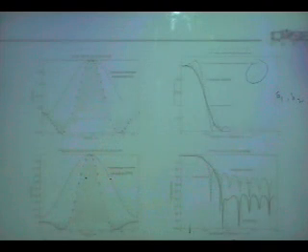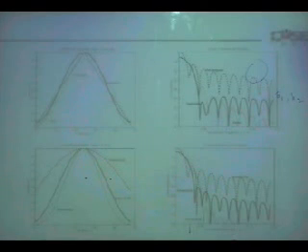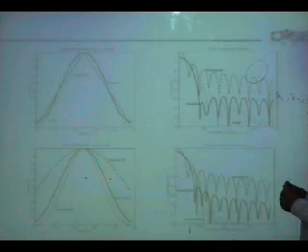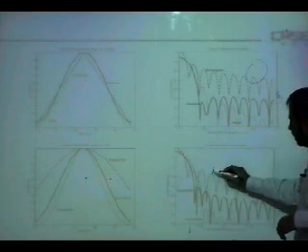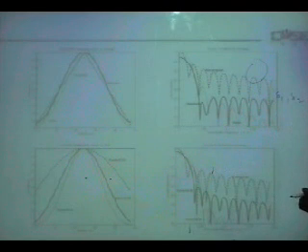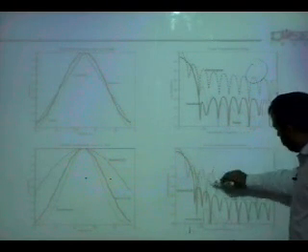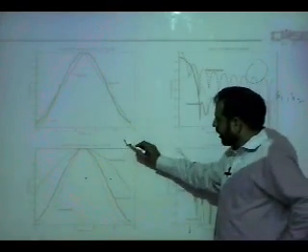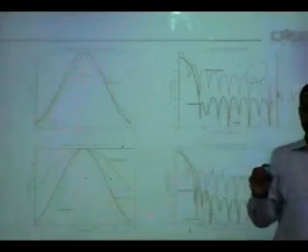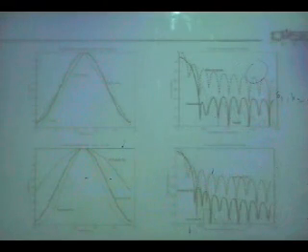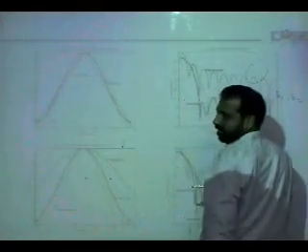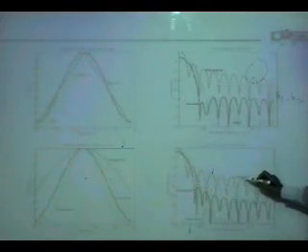Let me go back here. Kaiser 2.0 is this. What you see here is Kaiser 2.0, a good transition. Kaiser 2.0 is this window, and the rectangular window is Kaiser 0. Kaiser 0 is the rectangular window. Kaiser 2.0 is this window, and this is the frequency response.